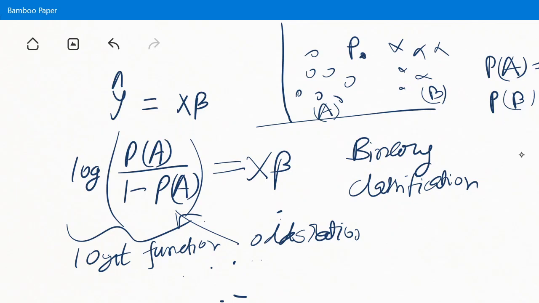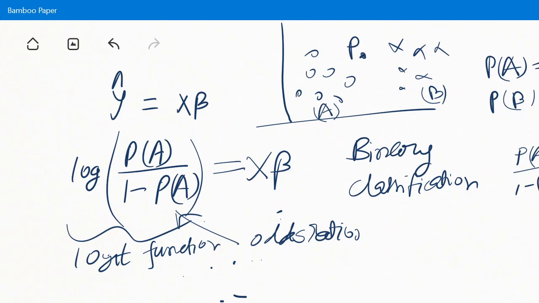So the odds ratio will be 0.8 over 0.2. If this ratio is greater than some threshold, then we can say this point belongs to class A, and if it is less than the threshold, we can say the class it belongs to is class B.